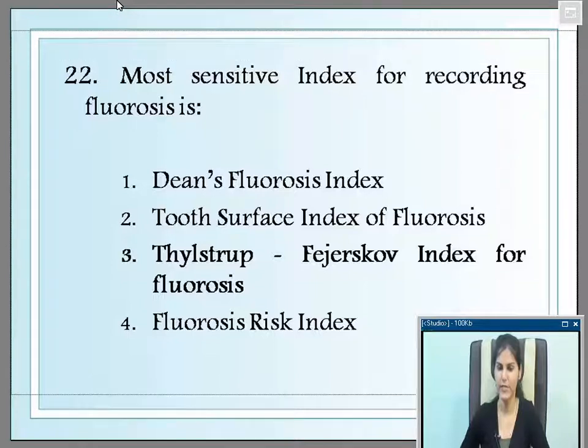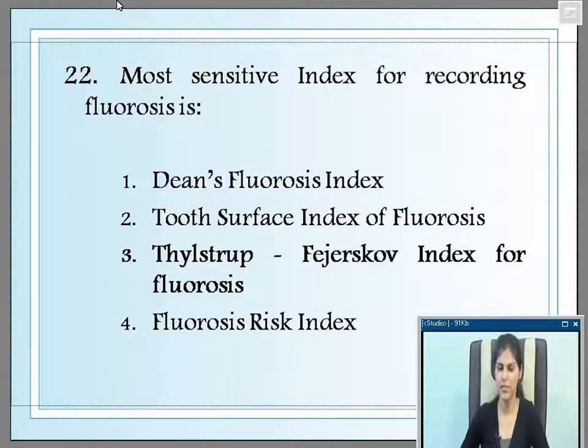Okay. Now the next question, again about the index for fluorosis. You have 4 commonly used indices for fluorosis and all of them have different purposes. But the one that is most sensitive in recording fluorosis is the one given by Thylstrup and Fejerskov.